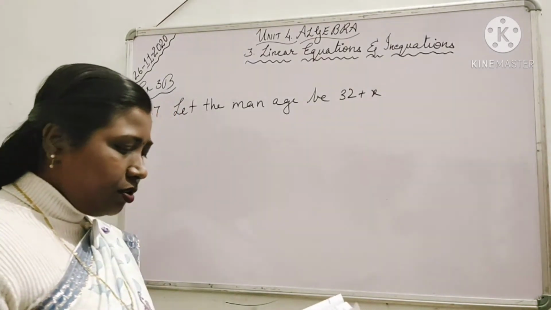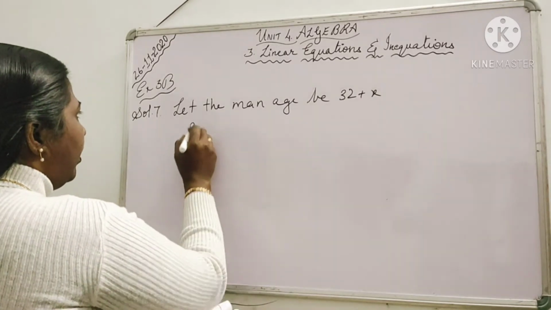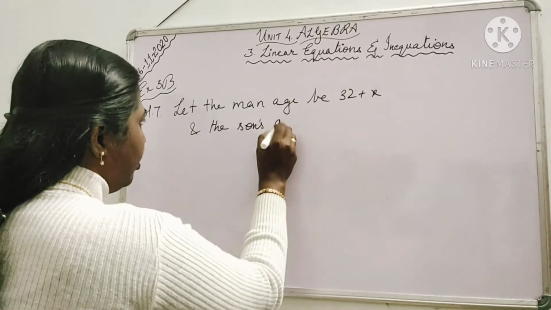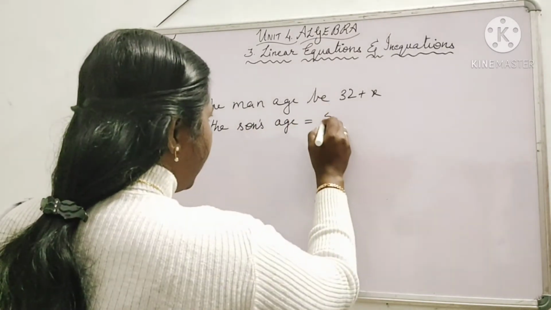And his son is 5 years old, so the son's age is equal to 5 plus x.